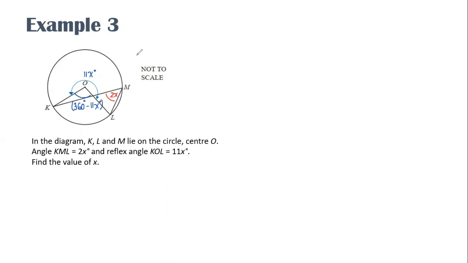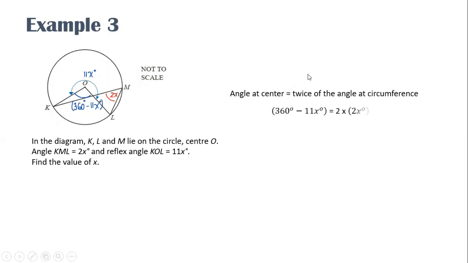Okay, students, go. Find the value of x. Angle at center is twice the angle at circumference, right? Only this one. Concept very simple, right? Angle at center is 360 degrees minus 11x degrees, which means twice the angle at circumference.